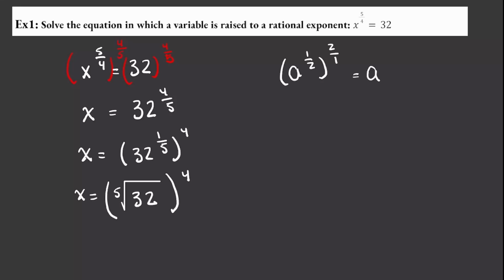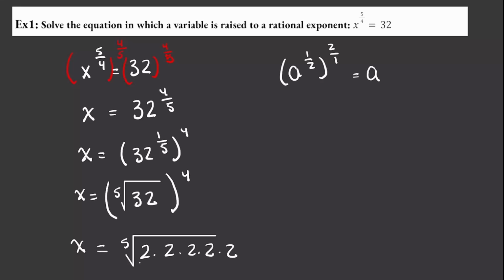Now the 5th root tells you, just like the square root tells you that every two identical numbers underneath the root come out as 1, that every 5 identical numbers underneath the root come out as 1. I know that 32 can be rewritten as 2 times 2 times 2 times 2 times 2.